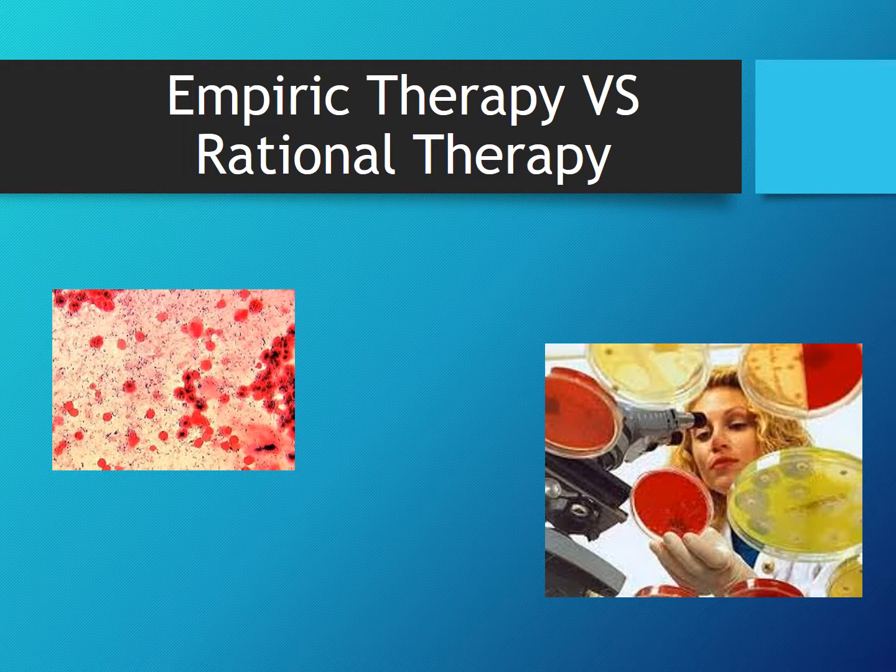When we look at empiric therapy versus rational therapy, empiric therapy is therapy based on experience. It's an educated guess. So if I'm a practitioner working in a community clinic, and I've seen 20 or 25 cases of strep this week, and my next patient has similar symptoms, based on the community I'm dealing with, I'm probably just going to go ahead and prescribe a medication that will be effective against strep, because I'm thinking, well, that's the most likely thing this person has.